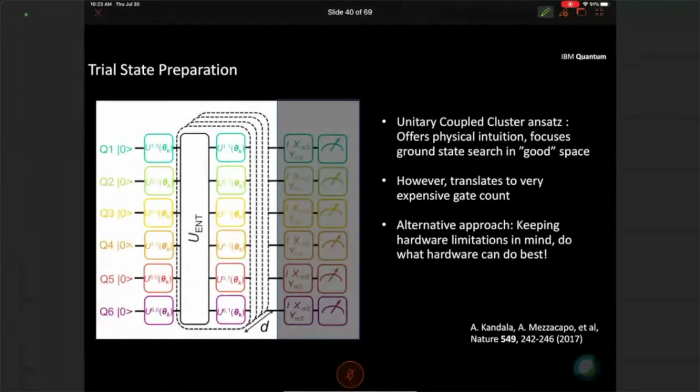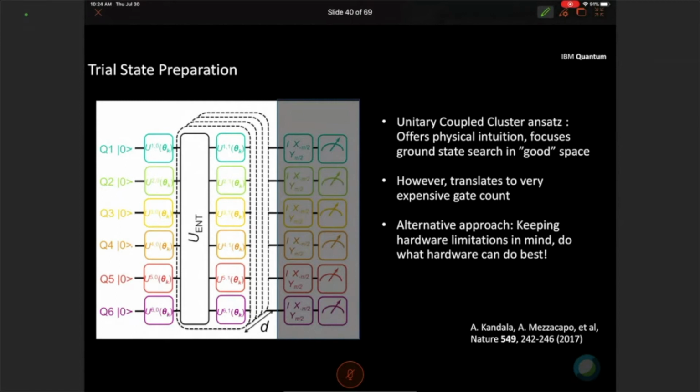And essentially, what we're trying to do once again is we have this very large Hilbert space in which we want to find what the ground state is, right? And so working with this kind of ansatz offers the benefit that you're focused in on a good space, and it also has some physical intuition. You can build off that kind of intuition, knowing where the structure of the ansatz is coming from.